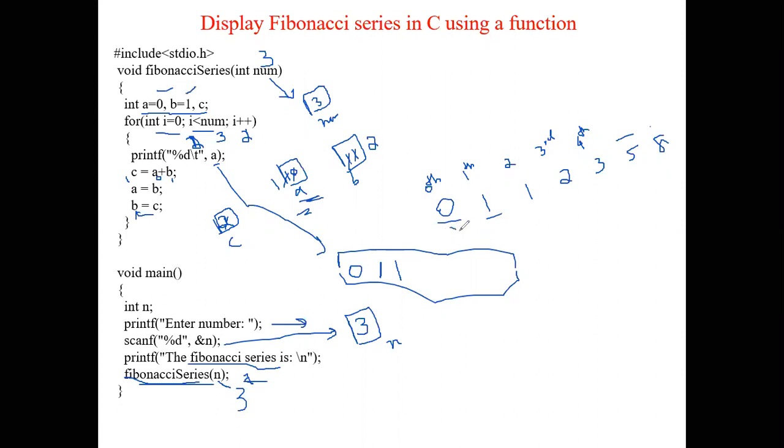After that we are performing the sum of these two, A plus B. This is our initial A and B value, which is 0 and 1. The next time our A and B value will become these two, so this will become A and this will become B. That is why we are performing A equal to B and B equal to C. C is this one.